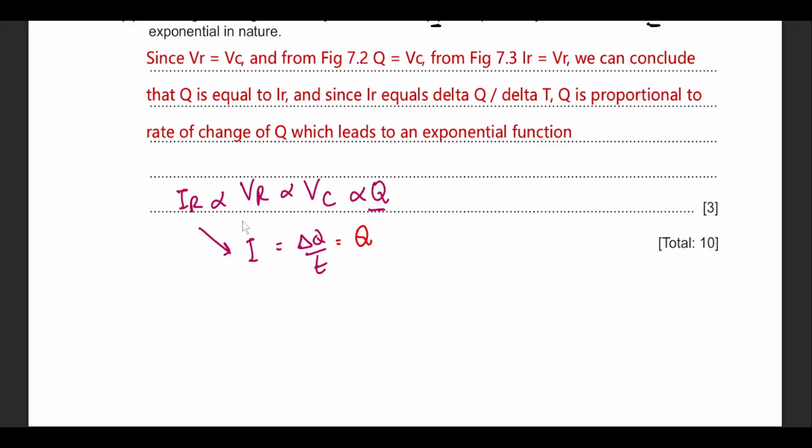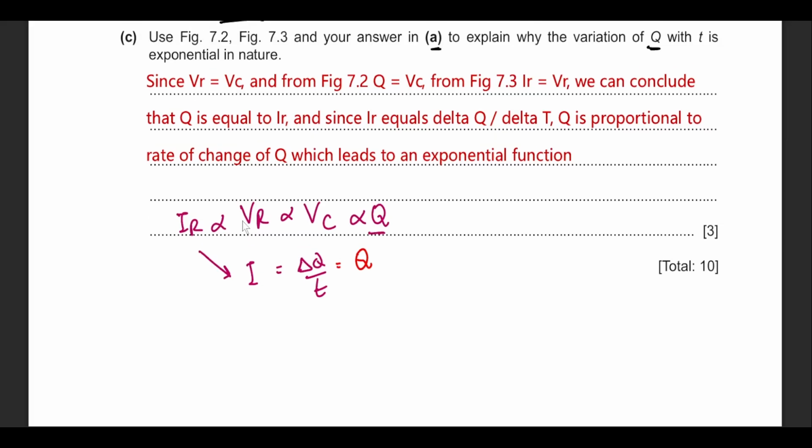So this is also Q. Now this bit is confusing. He says we can conclude that Q is proportional to IR. And since I equals delta Q divided by delta T, Q is proportional to the rate of change. Now, since any quantity becomes proportional to its own rate of change, divided by time, it becomes this equation.